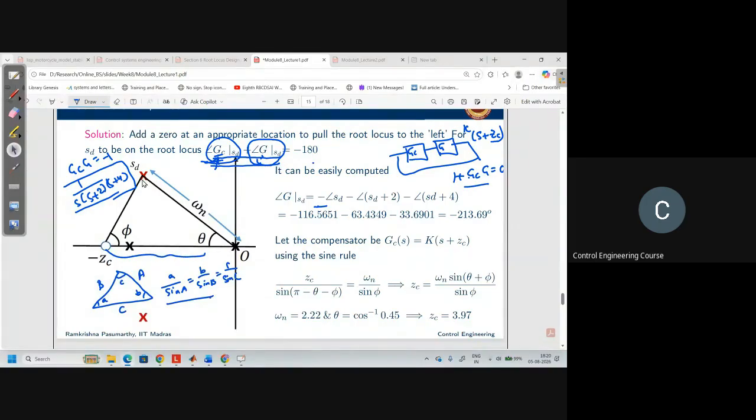How do we know that omega is already given, right? For given desired pole, omega_n we know that one. And this phi we already calculated using the angle deficiency condition. Then you will have to calculate this ZC.